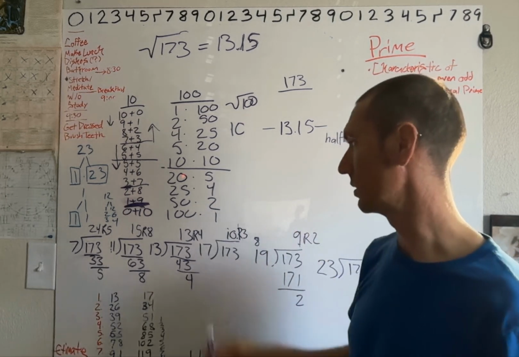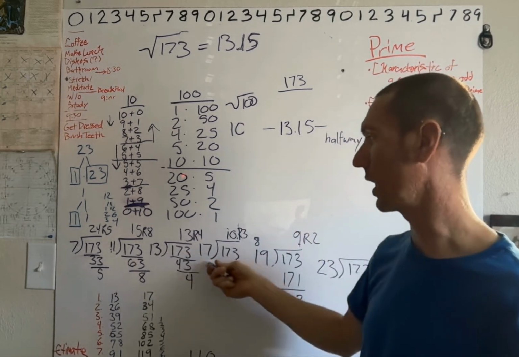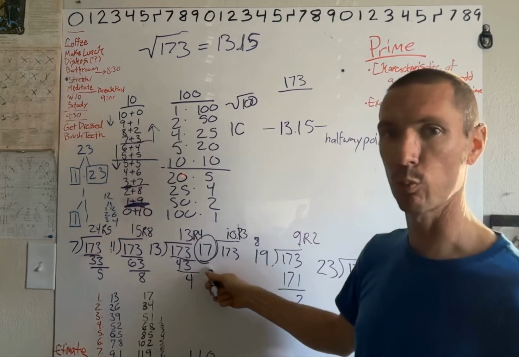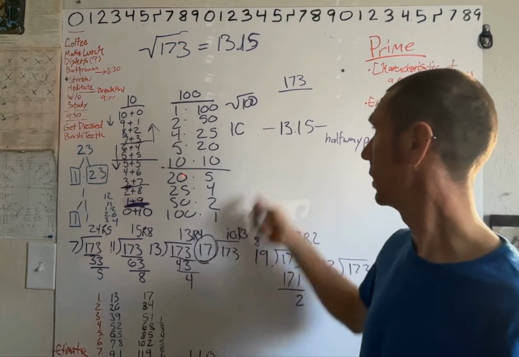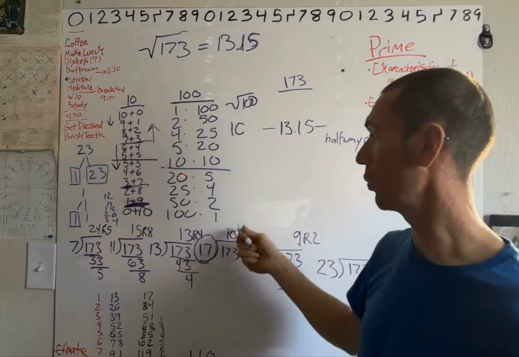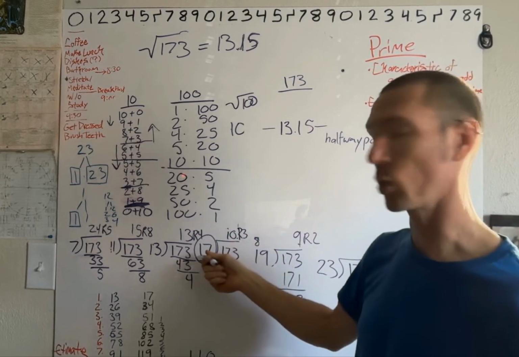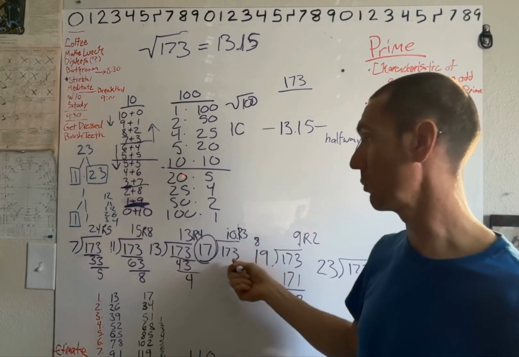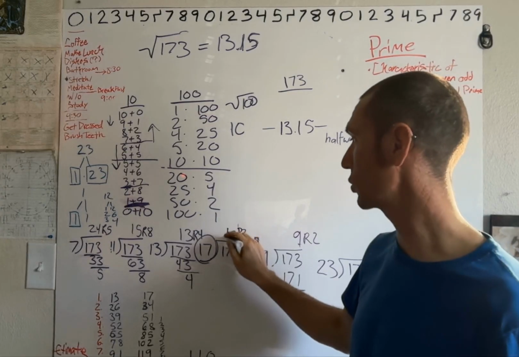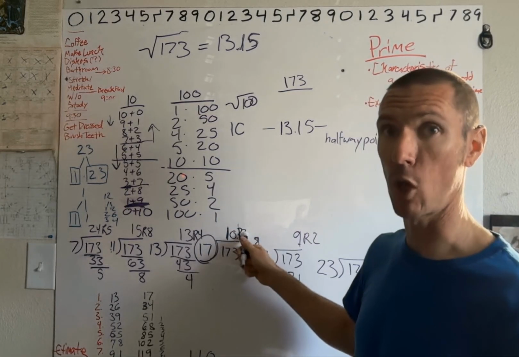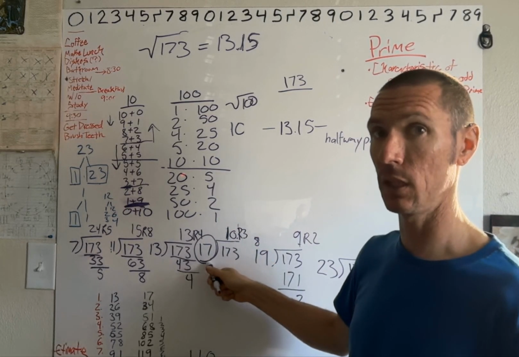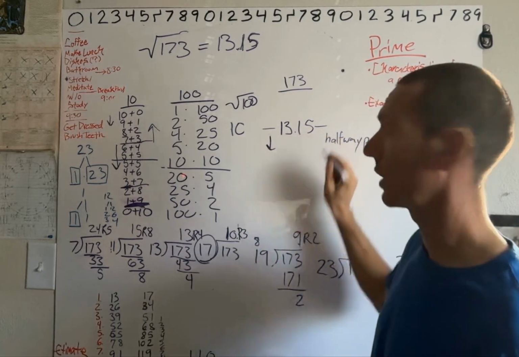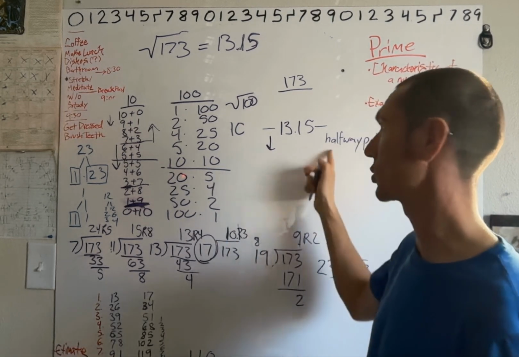Alright, well, that's inconclusive. We need to test the next prime number above. Because once you reach a prime number that you're dividing 173 by, and the quotient is smaller than the divisor, you know that you've gone beyond the halfway point, the square root of this number.